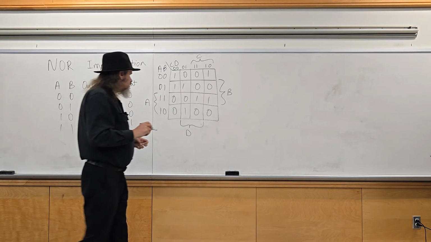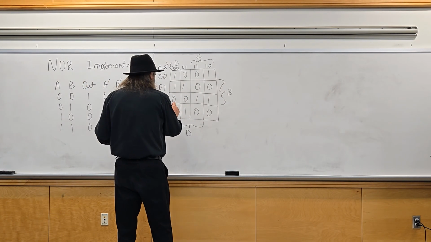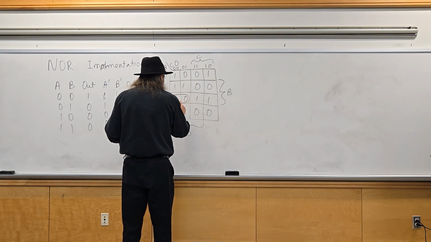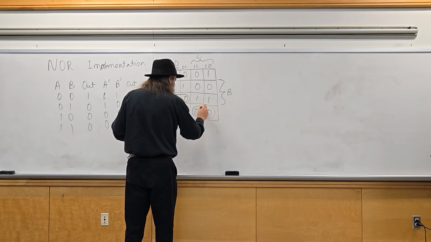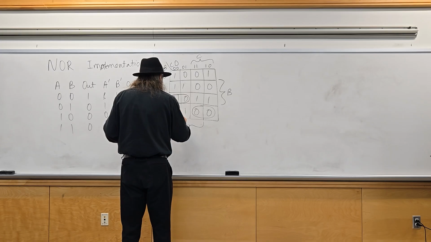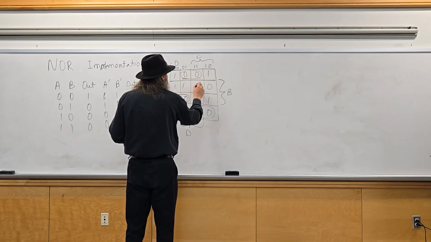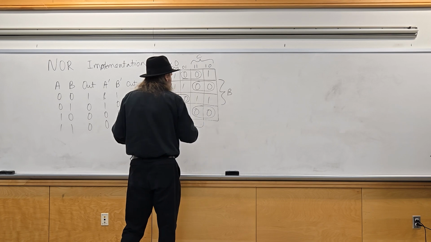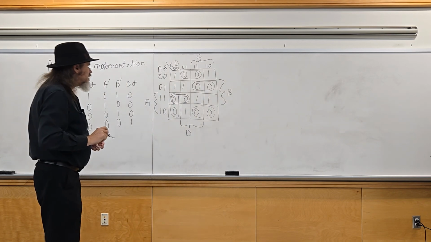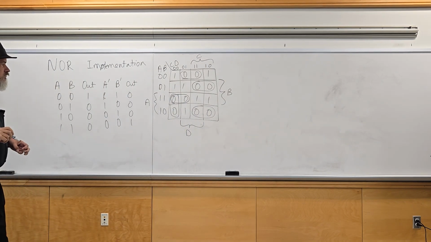Review from K-maps here. So you got this group, you got this group. So you got 5 terms.